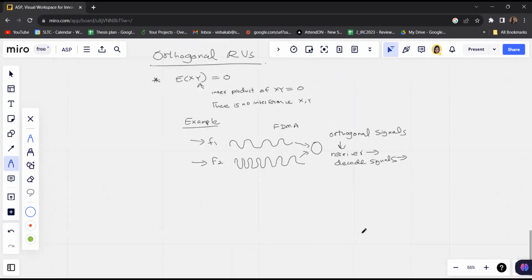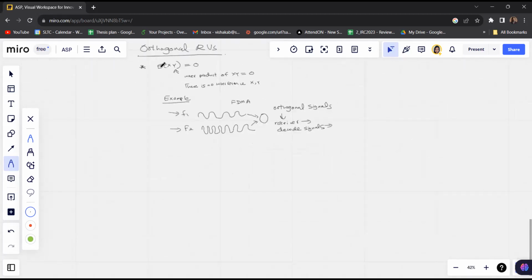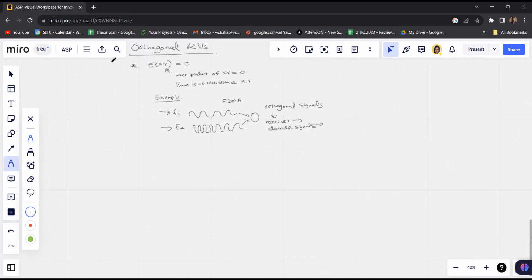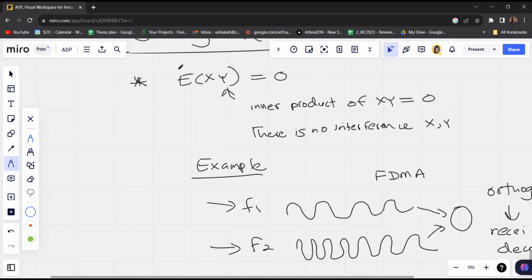I think we will discuss that further as well. So orthogonality is defined mathematically as the case where the random variables' inner product is equal to 0.